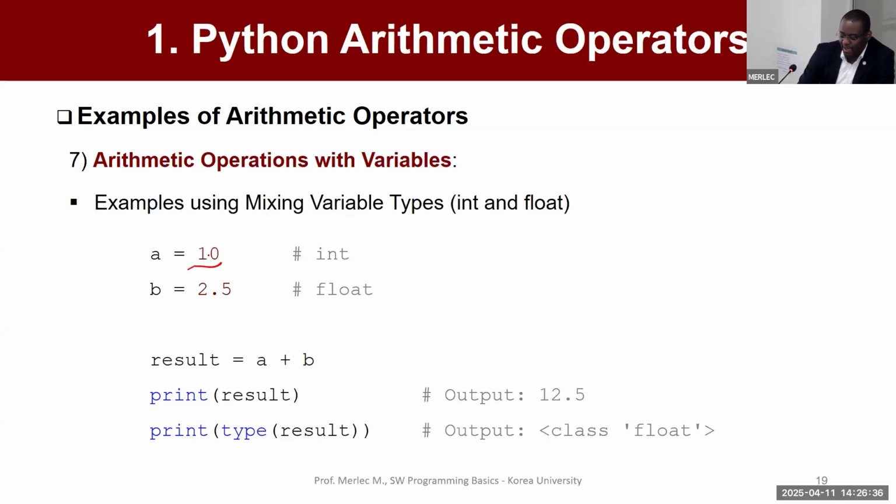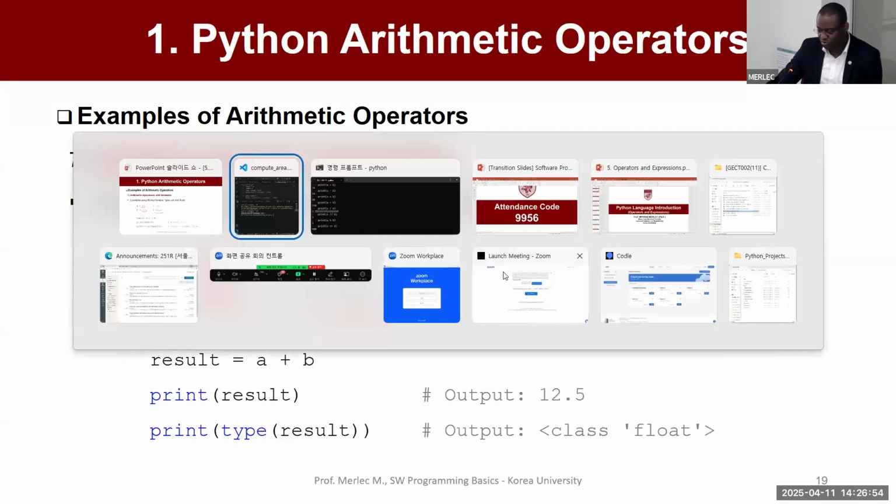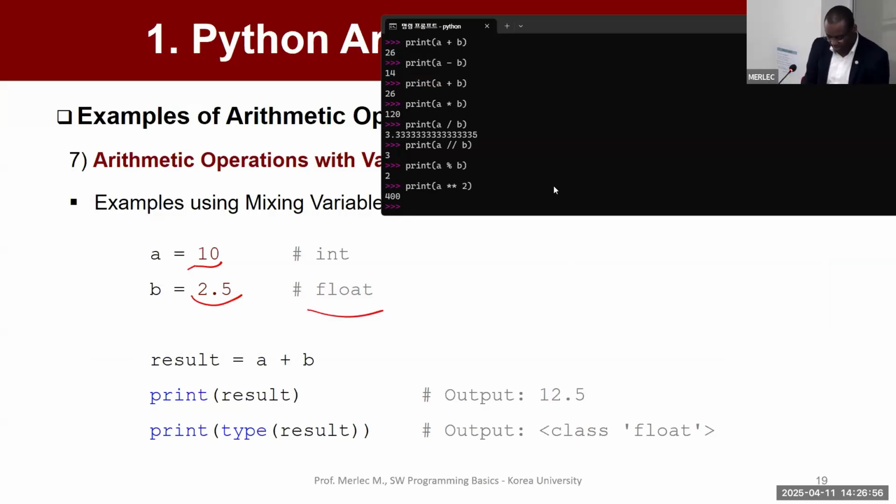The same thing can also be done with a mixture of variable types. We have here A, which is initialized with 10, okay? And then B is initialized with a float number. So when you try this operation, the result will be of type float. As I mentioned, if one of the operands is of type float, the output will be of type float. Like here, I will initialize A again.